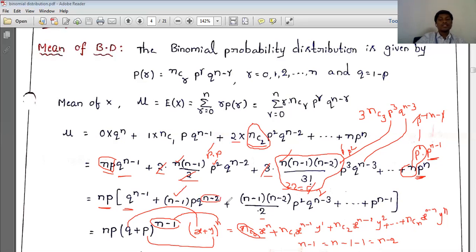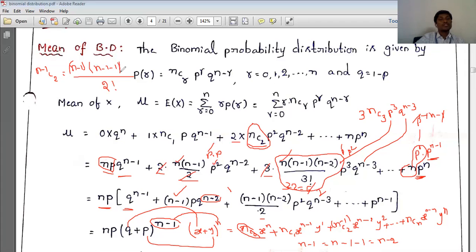Okay. Next, in the same way, next one, nc2. So already we wrote here, see, n into n minus 1, n minus 2 by 3 factorial. This is nc2. But here in place of n what we have? n minus 1, right? So n minus 1 into n minus 1 minus 1. It means n minus 1 c2 is nothing but, how can I write that one? n minus 1 c2 is nothing but n minus 1 into n minus 1 minus 1 by 2 factorial.